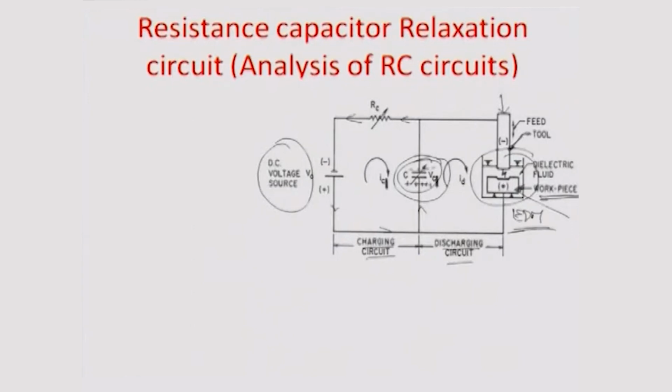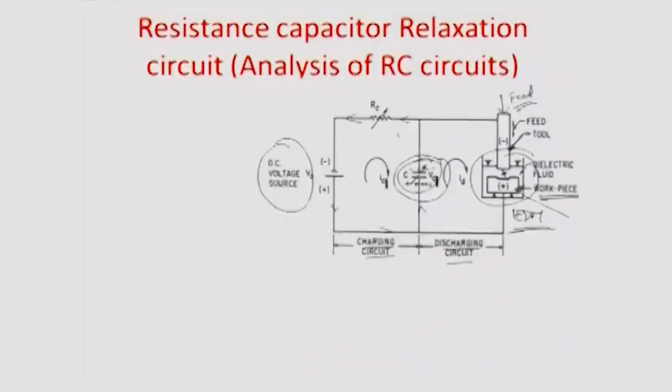This is the electrode discharge machining part of the setup, and supposing we have a feed in the downward direction provided to this tool, so that the condition of breakdown happens and a spark is created.